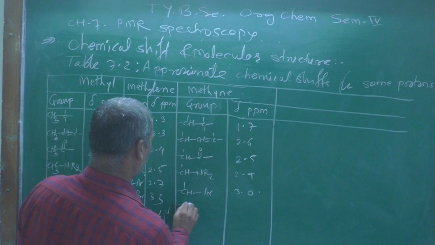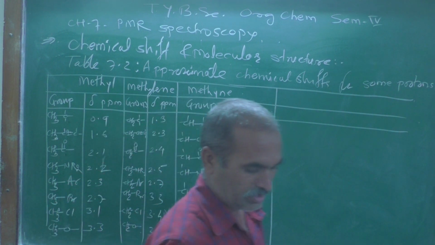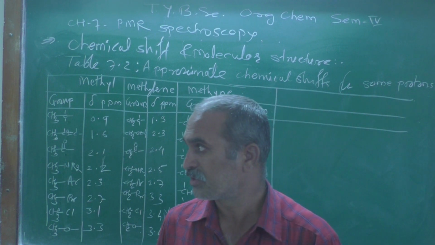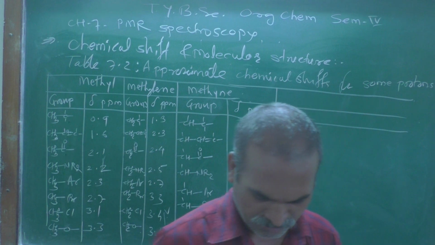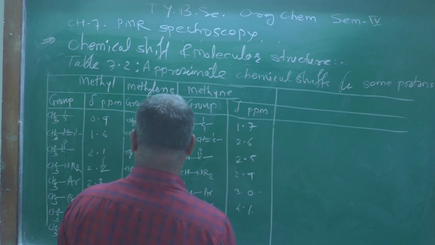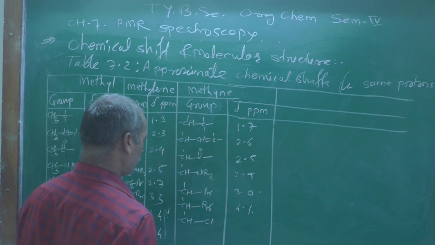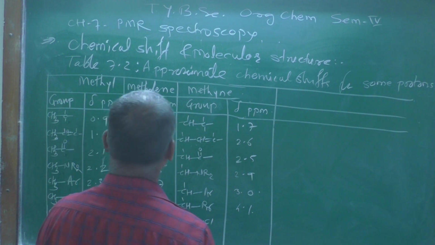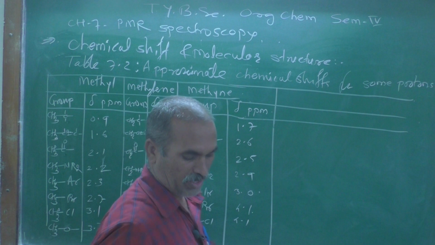When that methane group is attached to bromine, the chemical shift value is found to be 4.1. When that methane group is attached to chlorine, the chemical shift value is again found to be 4.1.